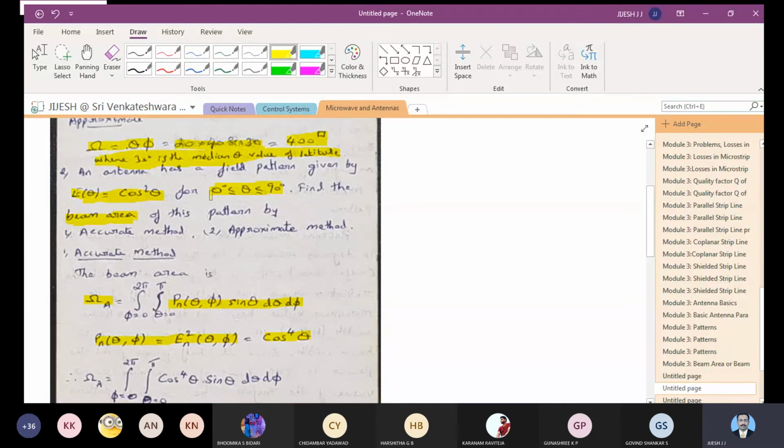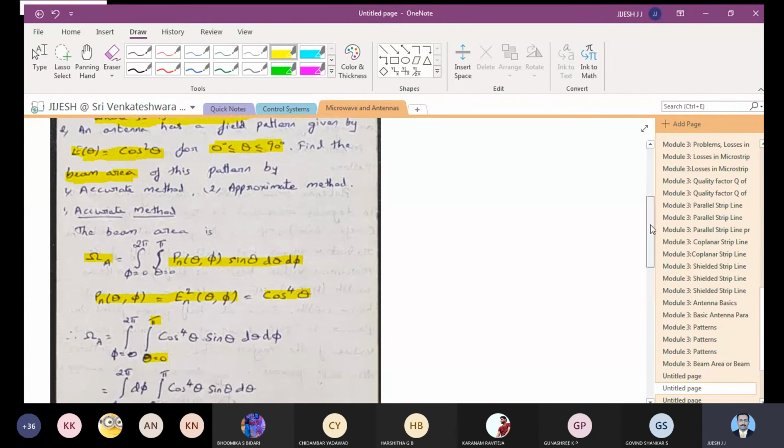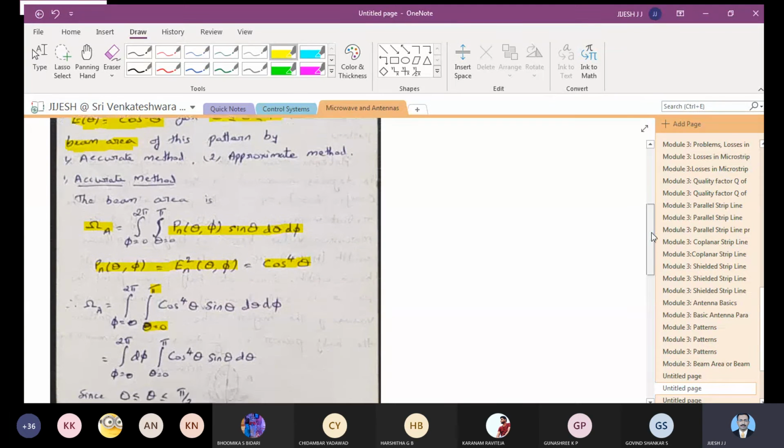So you cannot put it from 0 to pi; you have to make it 0 to pi by 2. You have to understand these things clearly.